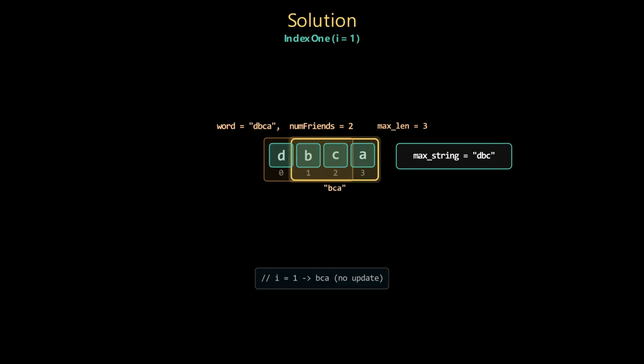At index 1, our scan pointer steps forward. The capped slice is BCA, still 3 characters. Alphabetically it loses to DBC, so max_string stays locked. At index 2, the window hits the string edge and shrinks. Only CA remains.